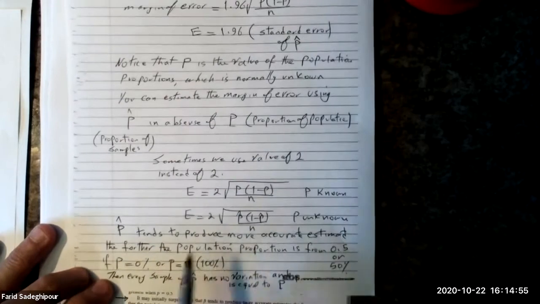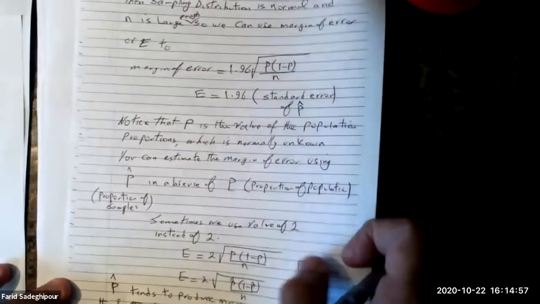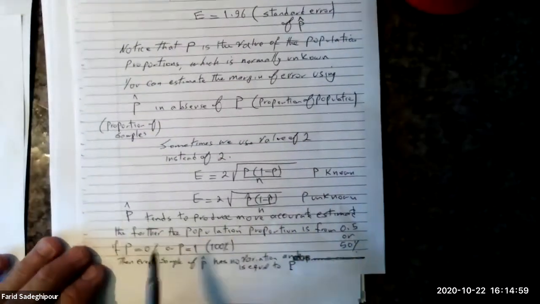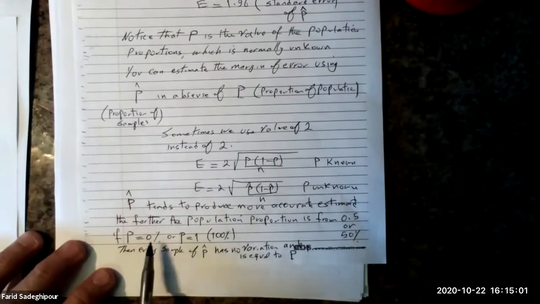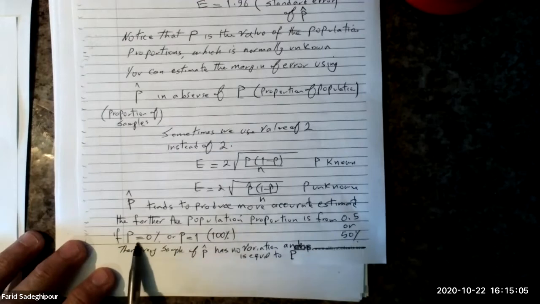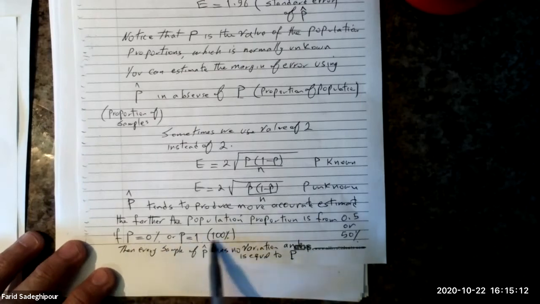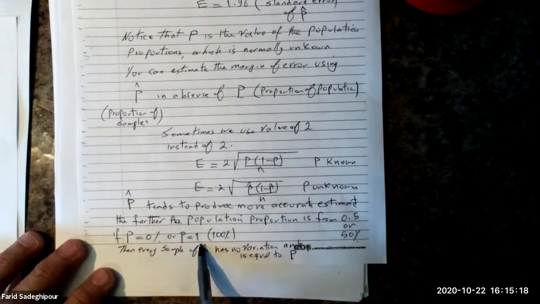What does that mean? Let's say you go to a place and you know that nobody in this city is going to vote, 0%. So you know the proportion of the sample that you're taking is definitely close to the proportion of the population. Or you go to an area of the city where you know almost every single person would vote, or 100%, or 1.